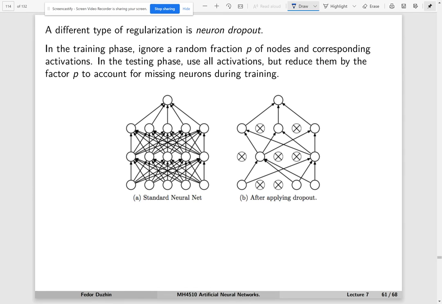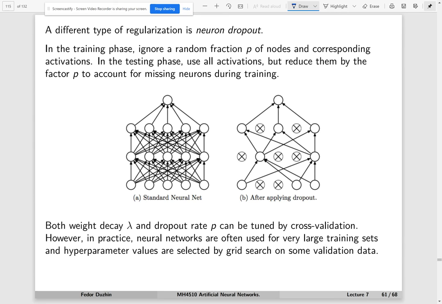For some training examples, it's going to be off. But overall, it prevents the final output from being too dependent on a particular neuron, right? And at the same time, it penalizes the network for being too flexible and for trying to overfit the model. So this is also a type of regularization.